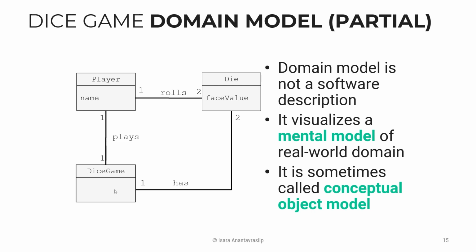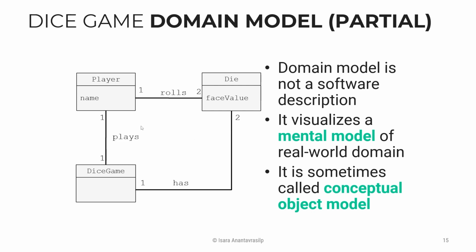Anyway, in the game, one player plays one game, and one game has two dice. The player also rolls two dice here. Inside the player, the attribute of player is a name, and then one die has a face value 1, 2, 3, 4, 5, 6.